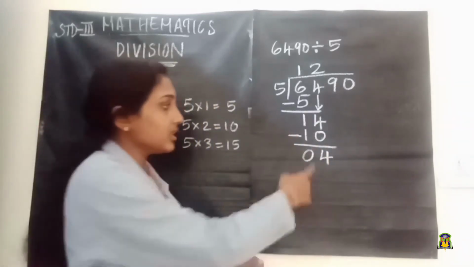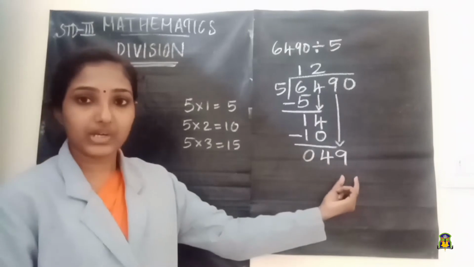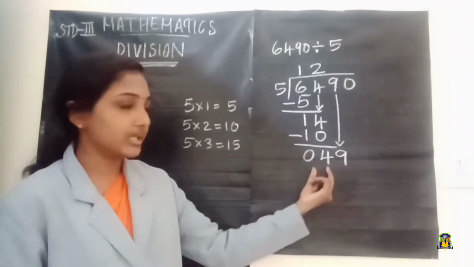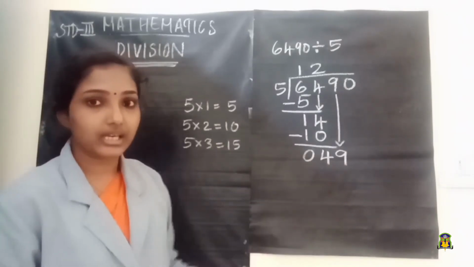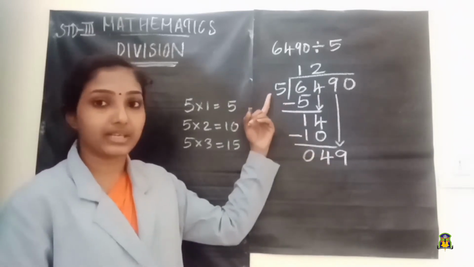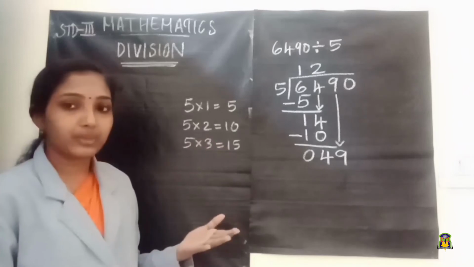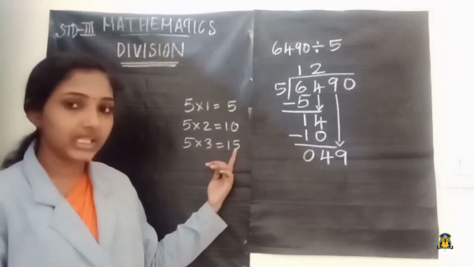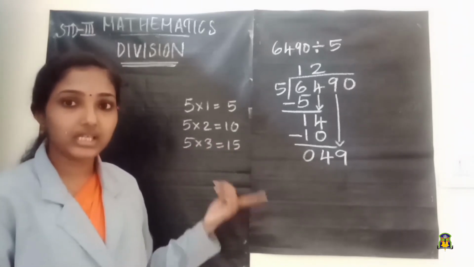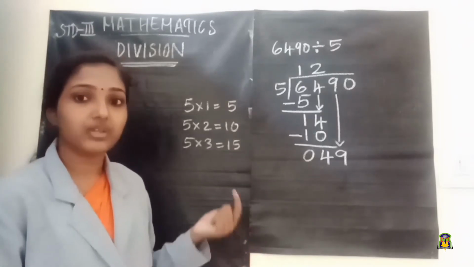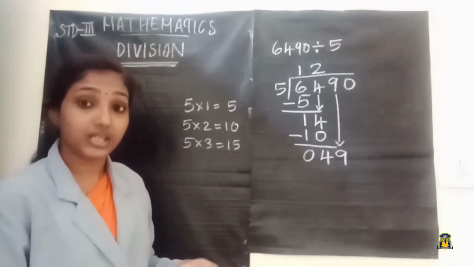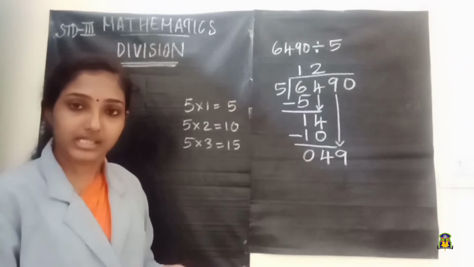Okay. Now we have to bring down our next digit, 9. So now it is 49 here. Right. And we have to check how many times we will get 49 in the table of 5. So reciting the table, 5 into 3 is 15. Then 5 into 4 is 20. 5 into 5 is 25. 5 into 6 is 30. 5 into 7 is 35.